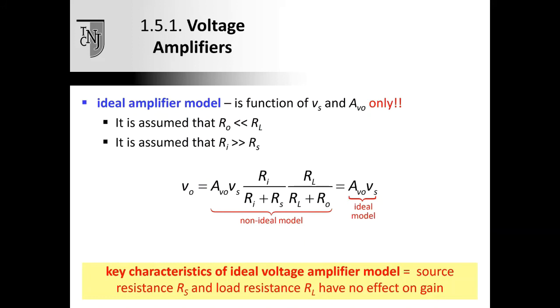So the ideal model, after we make those assumptions, looks like the second version of this. If Ri is much larger than Rs, it is essentially going to look like an open circuit, meaning that no current will be flowing into the amplifier. That should sound familiar.